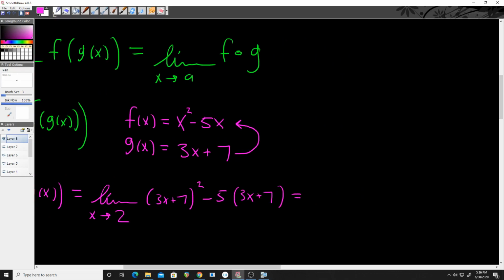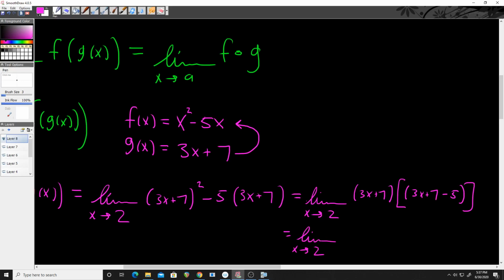I'll factor first: 3x plus 7, leaving 3x plus 7 minus 5. That's going to give me the limit as x approaches 2 of 3x plus 7 multiplied by, and then 7 minus 5 is 2, so 3x plus 2.